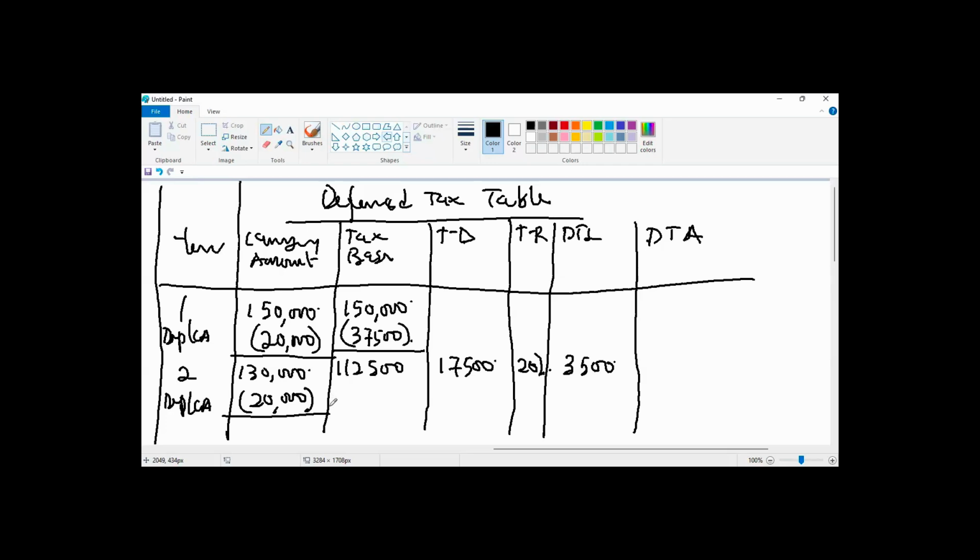They are very simple. 28,125. So 130 minus 20,000 will give me 110. Then 112,500 minus 28,125, 84,375.